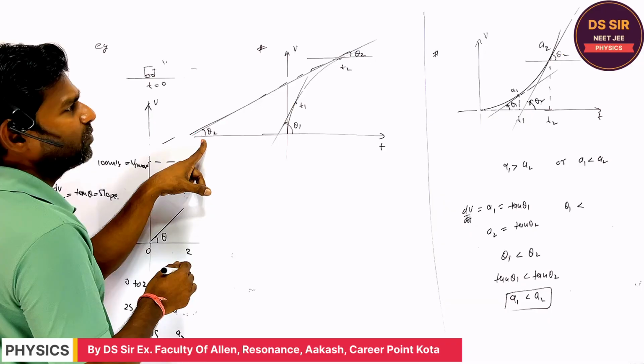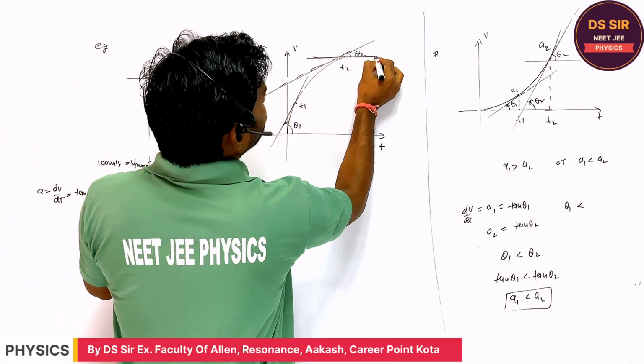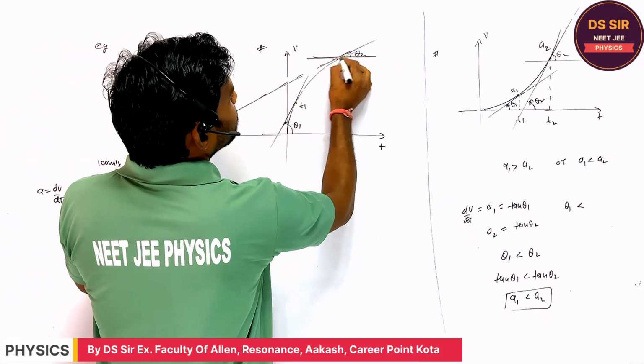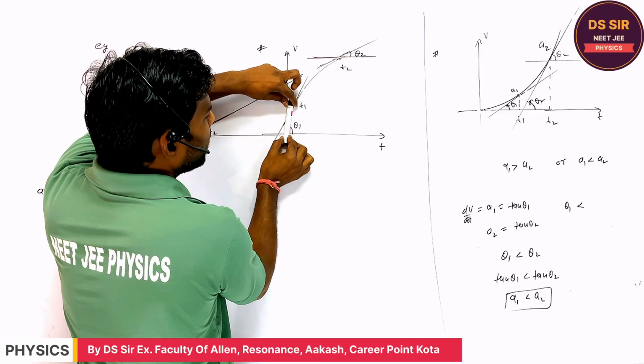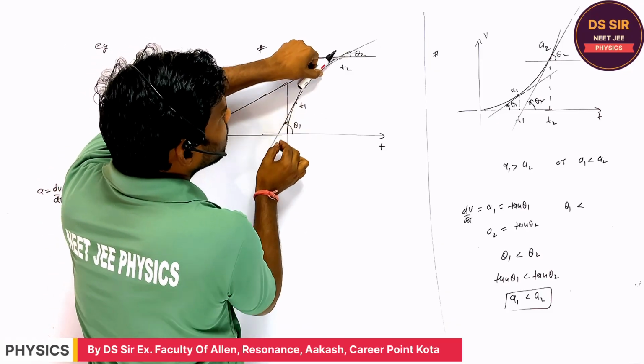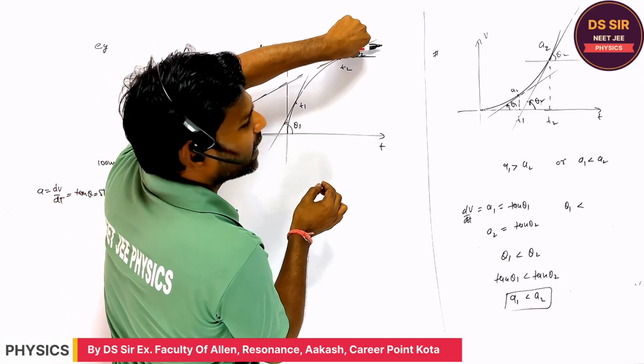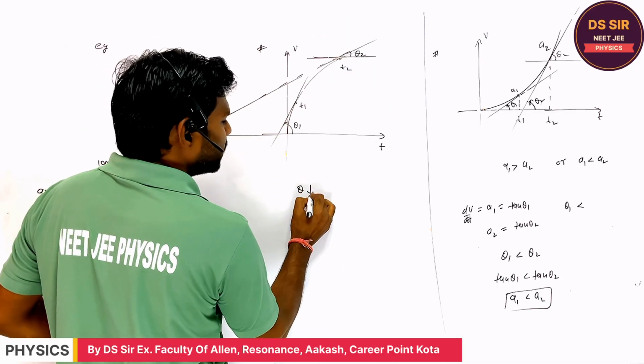Whether you measure the theta2 from here or you make a horizontal line, you can measure the angle theta2. Initially, this is the line, this is the angle, it becomes horizontal, and the angle is decreasing.